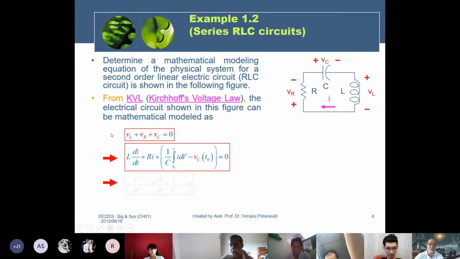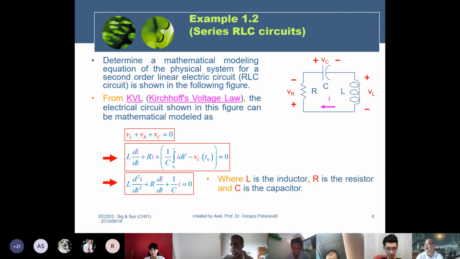You can see that in the first step we apply the physics equation. The physics equation may be KCL, KVL, Ohm's law, Newton's law, thermodynamics law, Maxwell equation, or so on. After that, you model them completely and explain them. Substitute them in the second and third steps.